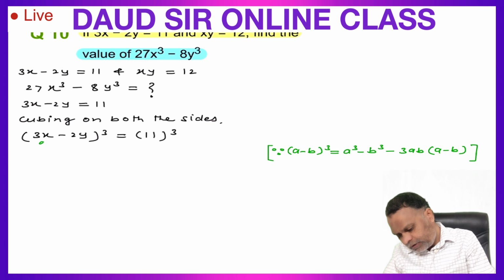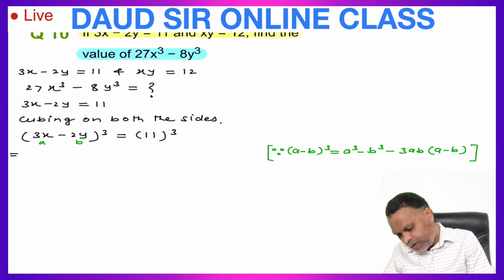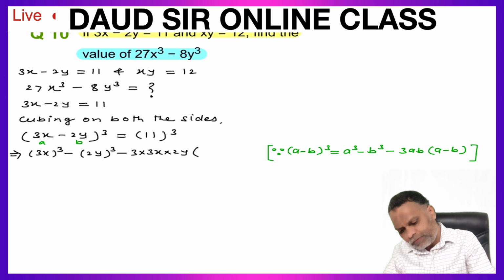Here a is equal to 3x and b is equal to 2y. So open this. A cube means 3x whole cube minus b cube means 2y whole cube minus 3ab, a is equal to 3x and b is equal to 2y, into a minus b. So 3x minus 2y is equal to 11 cube.